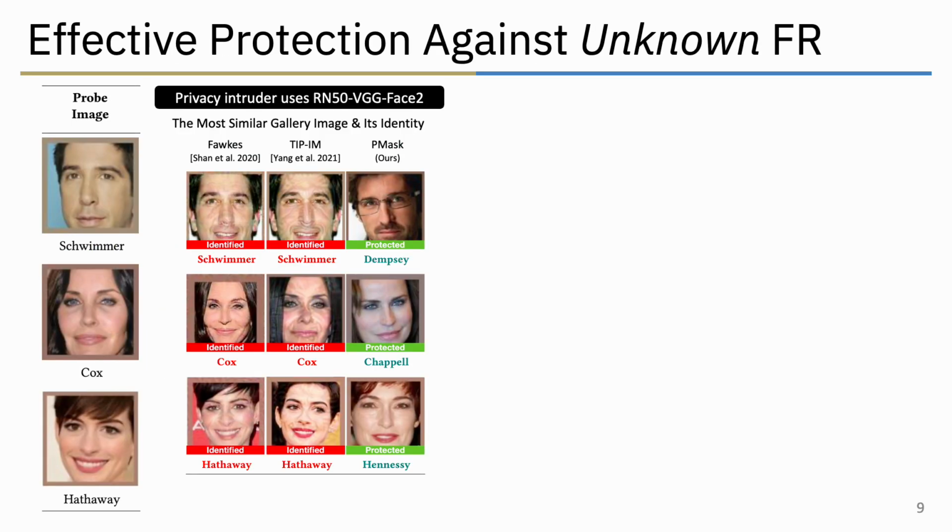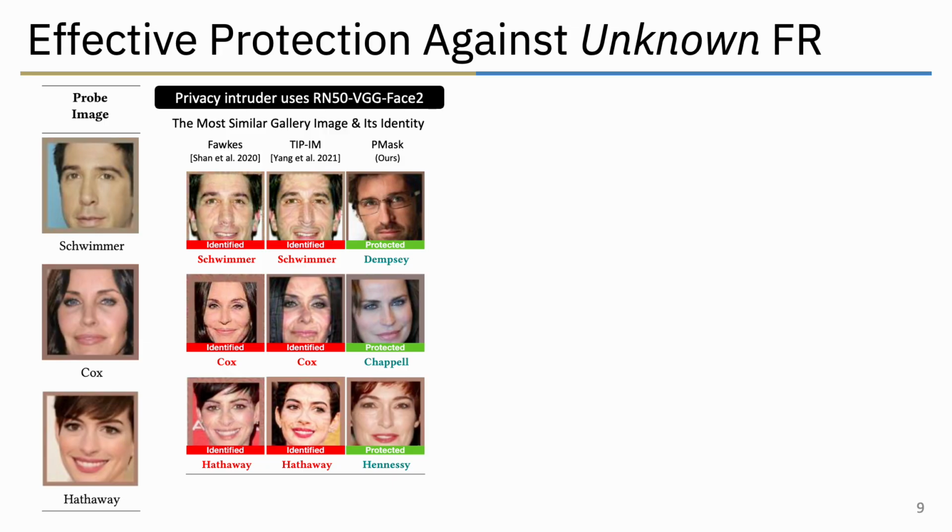We have conducted extensive experiments on FaceScrub, a popular FR benchmark, and here we highlight the results. More details are available in our full paper. First of all, PMask can protect against FR models that are unknown during the protection. On the left, we have facial images of 3 celebrities as queries, and let's assume we don't know who they are.